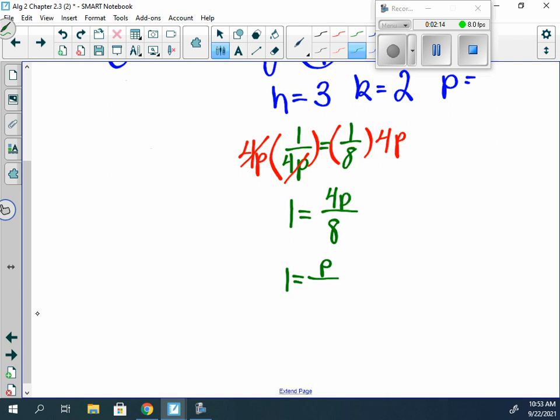Well, 4/8 can be simplified to 1/2, so we can say p over 2. Now what can we do next? We can multiply both sides by 2 because the 2 and 2 here would cancel, telling us that p is equal to 2. Any questions on how we found the value of p?